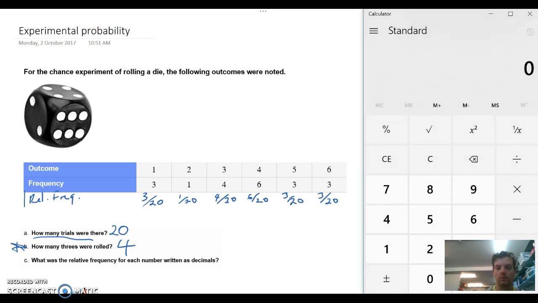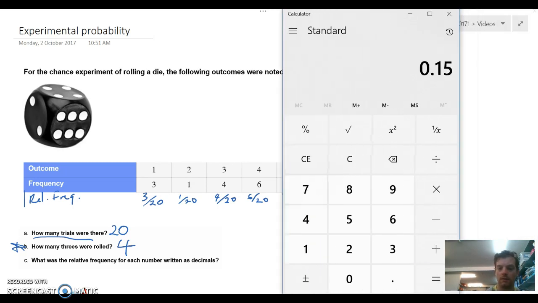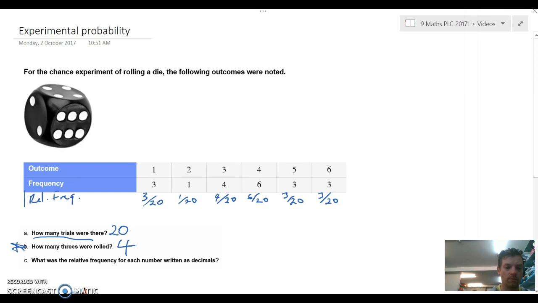Pretty simple, we can go 3 divided by 20, which is 0.15. So if that's 3 there, we can go 0.15 here, 0.15 here. If it's 0.15, then double that is 0.3.